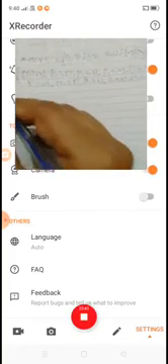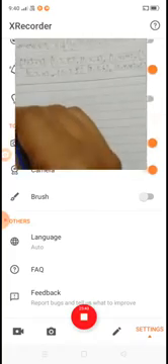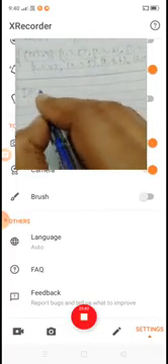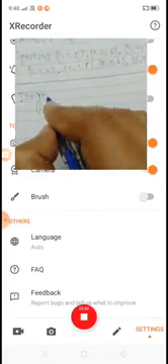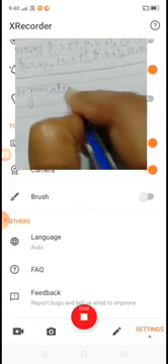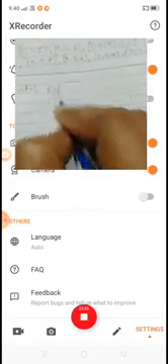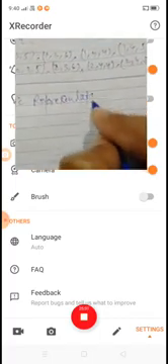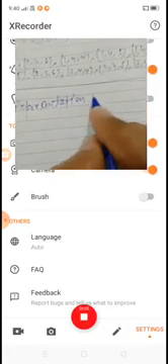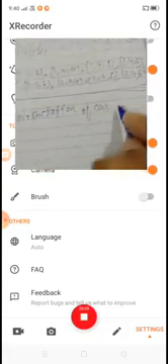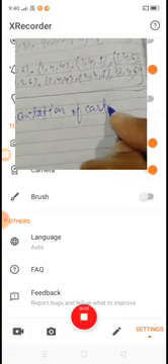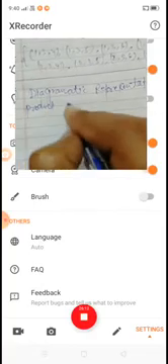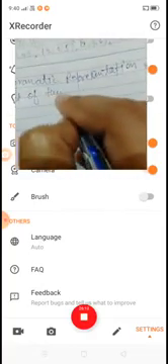Now we discuss the diagrammatic representation of the Cartesian product of two sets.